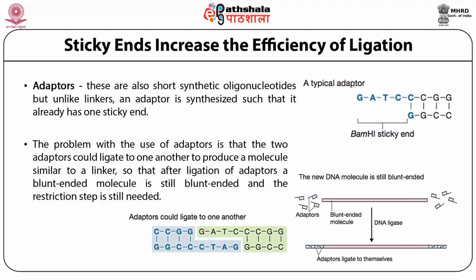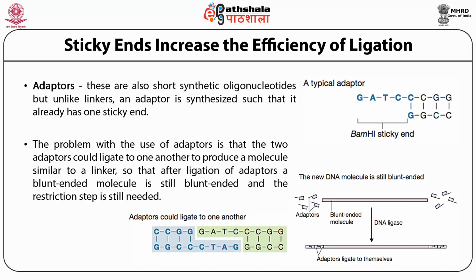And on the right side, you can see a DNA molecule mixed with linkers and ligated. The linkers joined with the linkers can form a concatemer, and some such things can also join with the blunt-ended DNA molecule to make a larger molecule with adapters fused to it, which again, because of self-ligation of adapters, forms blunt ends.